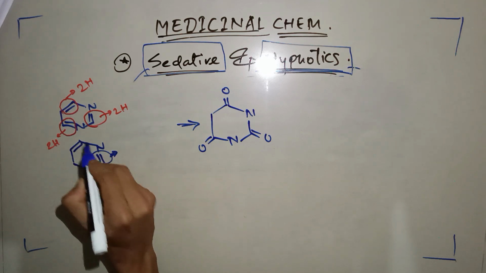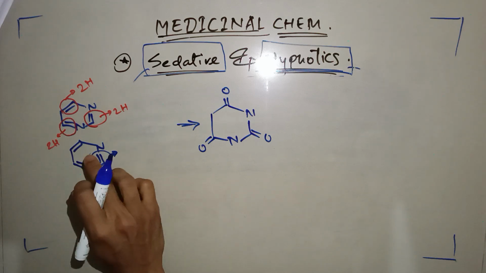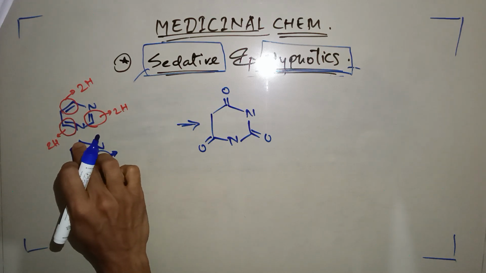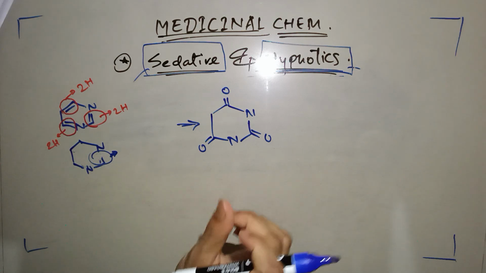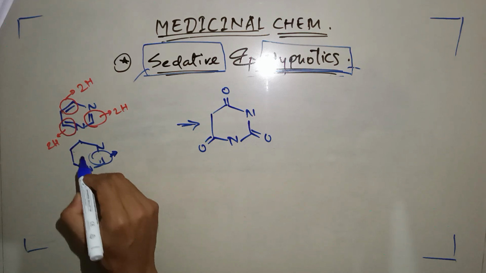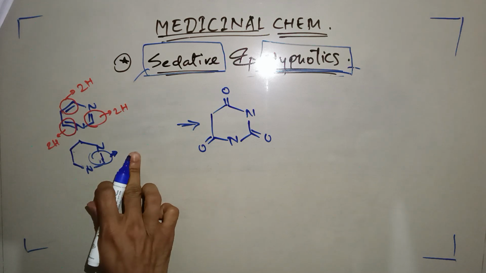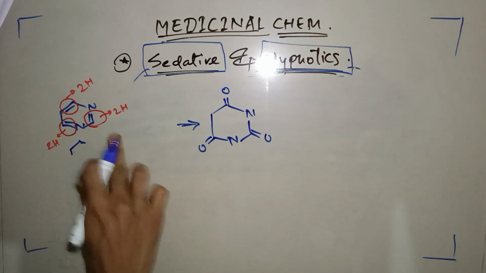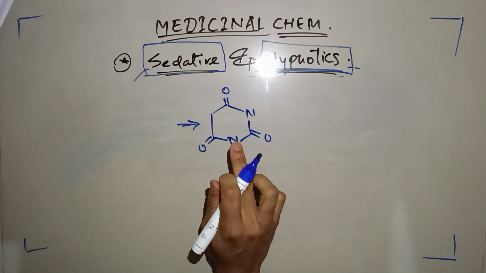If we add 4 hydrogen, tetrahydro. If we add 6 hydrogen, that means we are removing 1 double bond, another double bond, another double bond. That is unsaturation. So since 3 double bonds are removed, it is called hexahydropyrimidine.